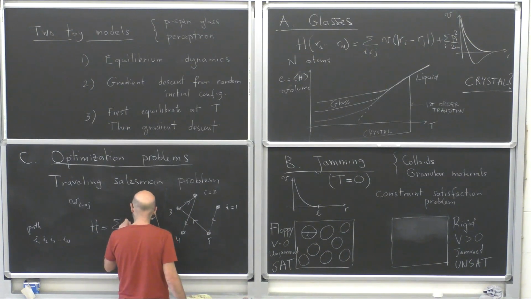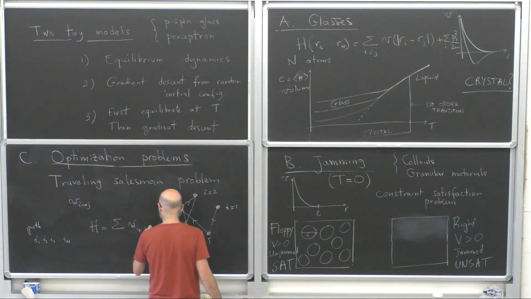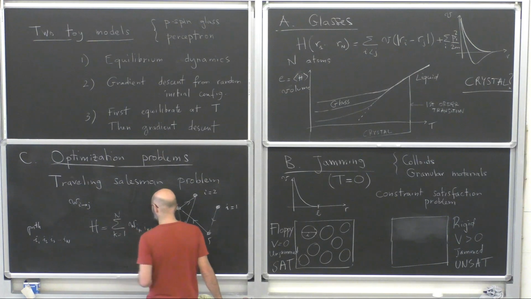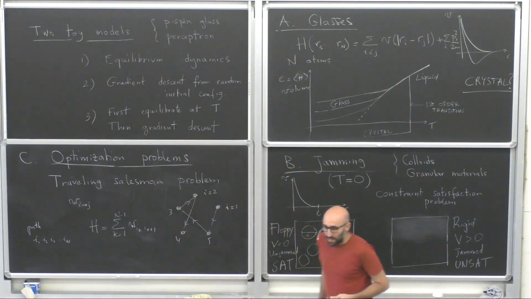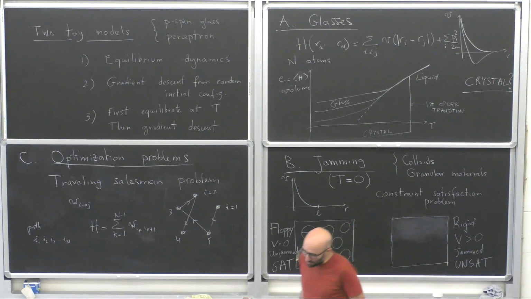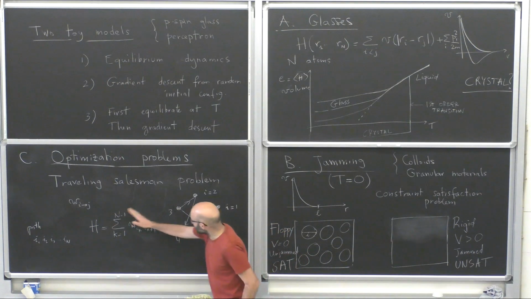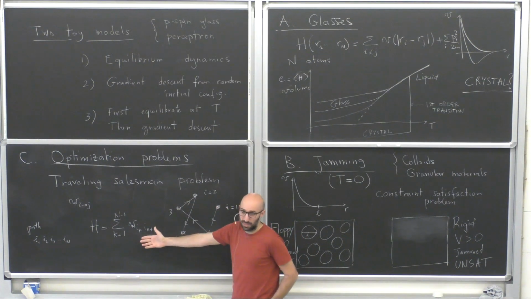And this is just the sum of w_{i_k, i_{k+1}}, sum over k from 1 to n minus 1. Right? So your problem, if you want to optimize your cost, is to find the permutation of the cities that gives you the minimal cost, okay?